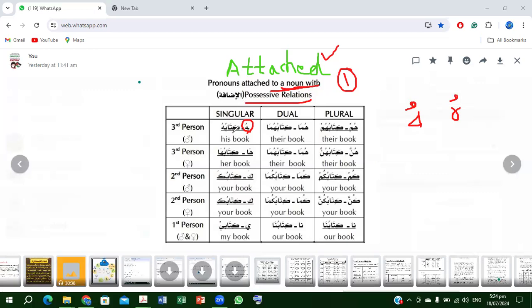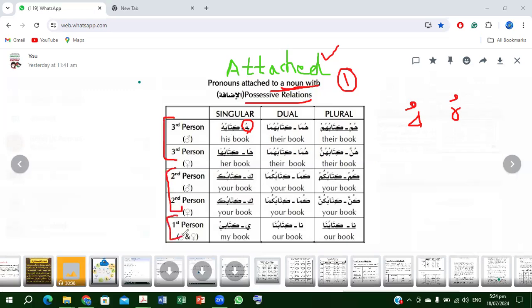And the example is hu. If it is attached with kitab, it becomes kitabuhu, right? And the meaning is his book. Is it showing possession? His book, Michelle? Yes, miss. So we understand what the translation is. His book. So same, it will have third person, male and female separately. Then it will have second person, male and female separately.